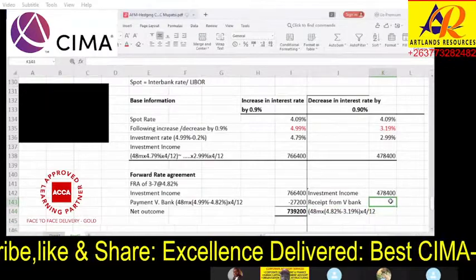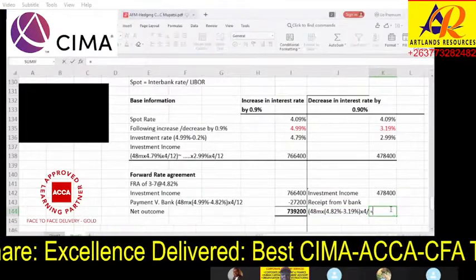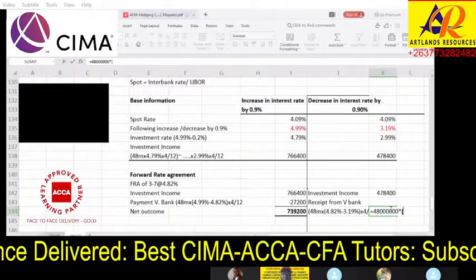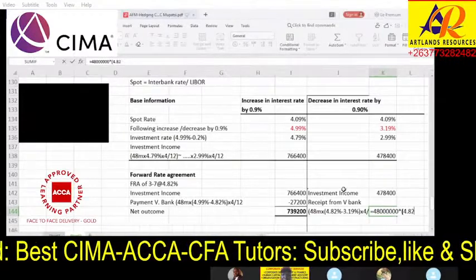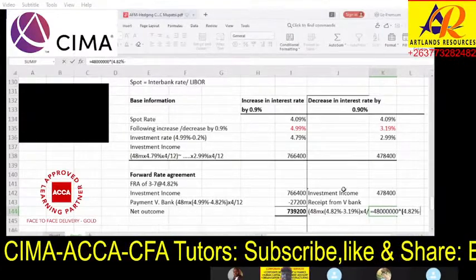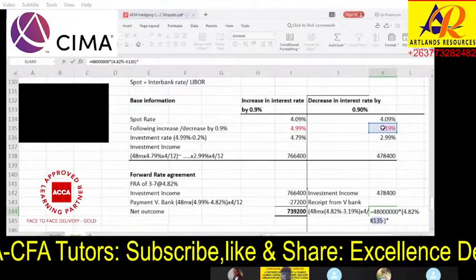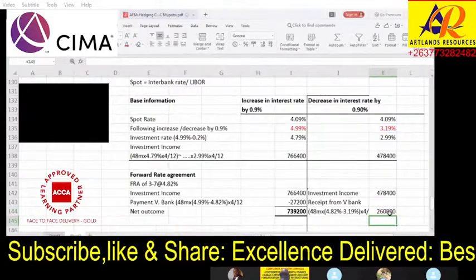So you then have here equals 48 million times open bracket 4.82% minus this rate here, close bracket, times 4/12, 206.